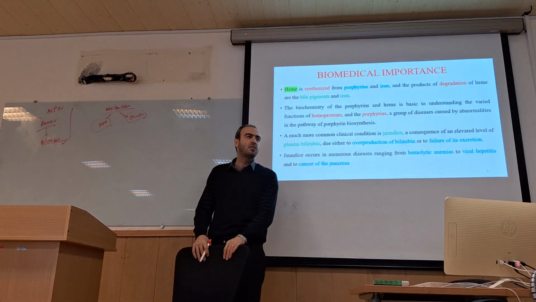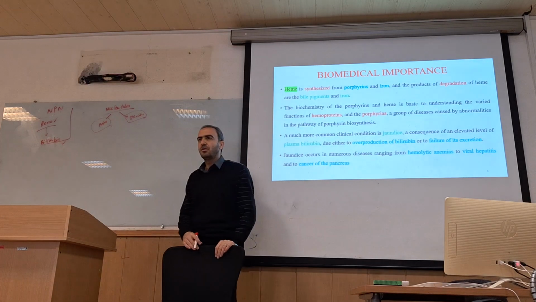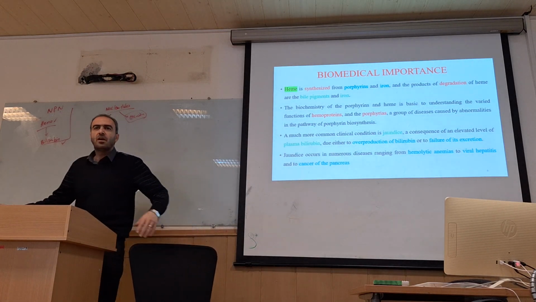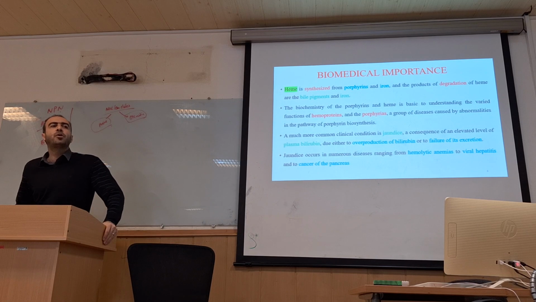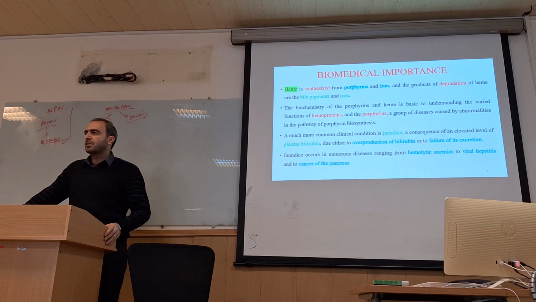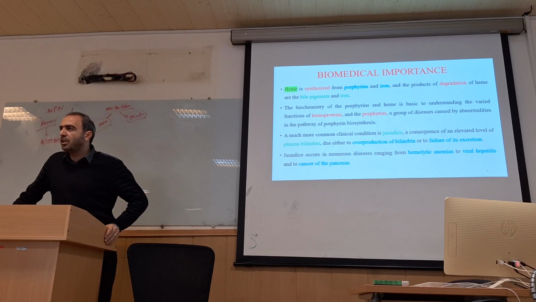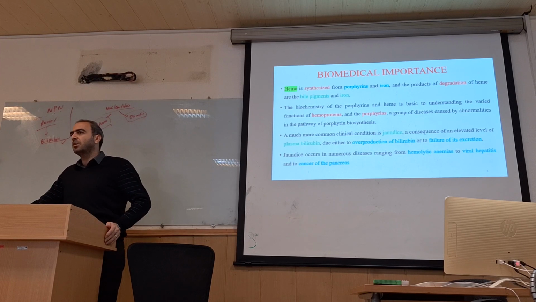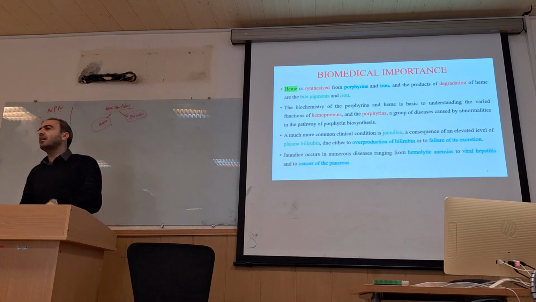By which kind of cell? RBC. So RBCs are made in which part of our body? Bone marrow. So we can understand that in bone marrow we need heme synthesis because we need hemoglobin. One of the main sites of heme synthesis is bone marrow.